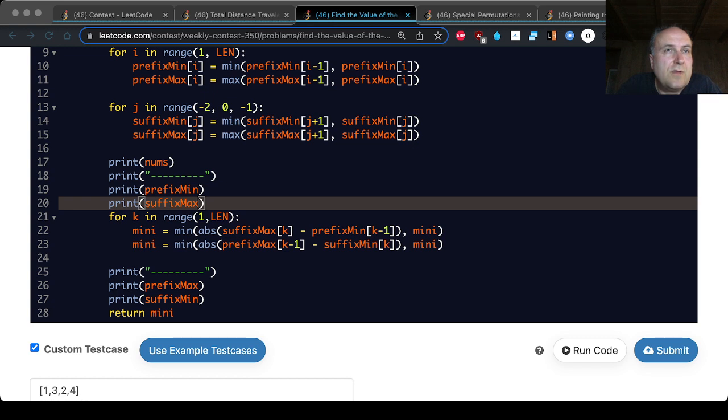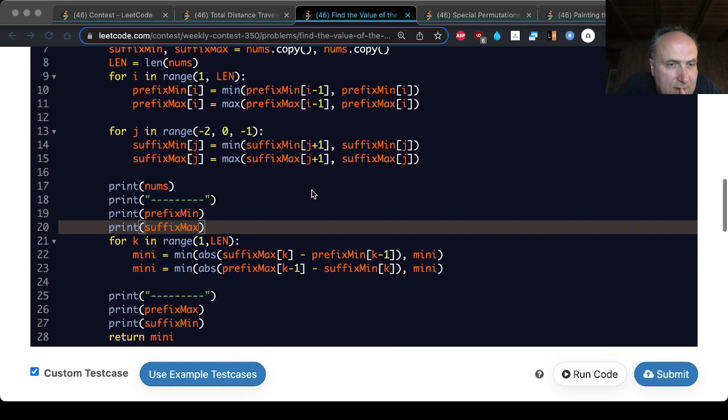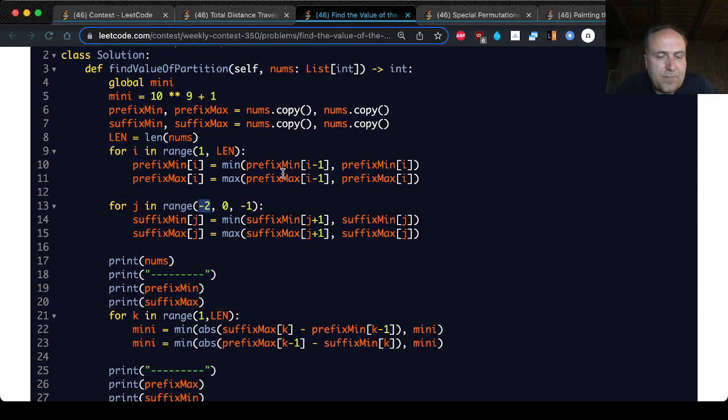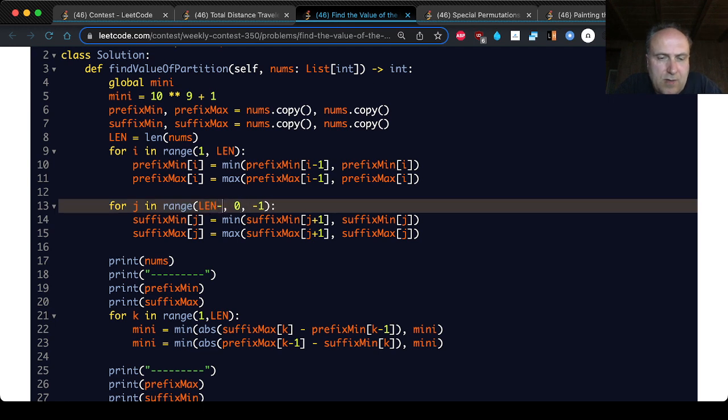So -1, 0. So it's 1 to 10. Oh, so wait. So it's going to be len -1, -1.